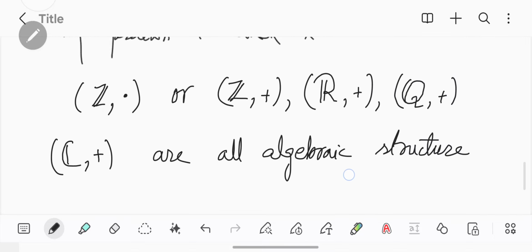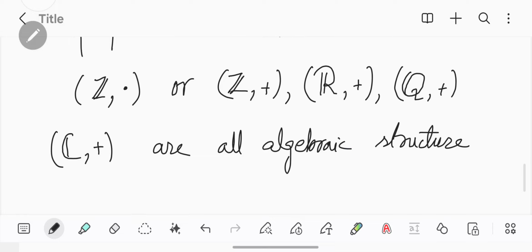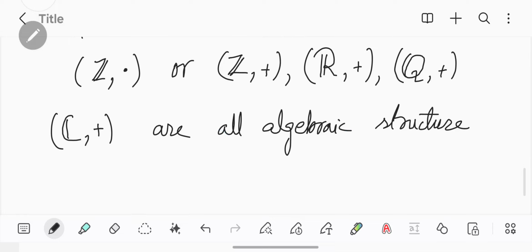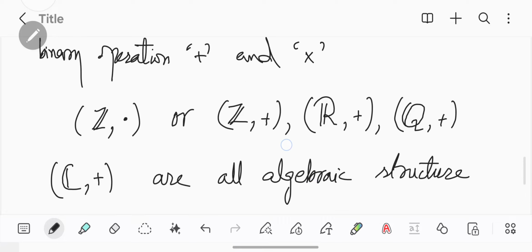So we need to study some properties which are common in all of these structures. For the time being, I will rule out this algebraic structure from here because this is not a nicer one.